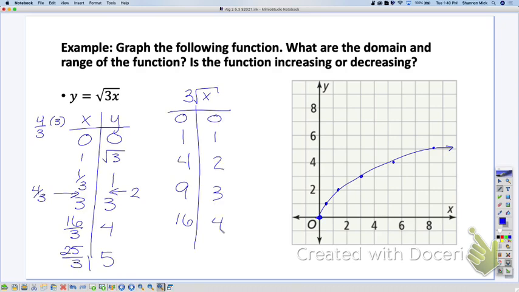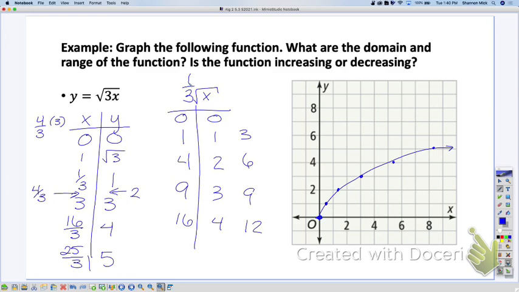But what would I have to do with every one of these? Multiply times 3. So it would be 3, 6, 9, 12. So is that going to make it wider also? Yeah. How would I make it narrower? Put the 3 on the bottom. Wouldn't that make it narrower? Yeah, because that would divide everything by 3 when you were done.